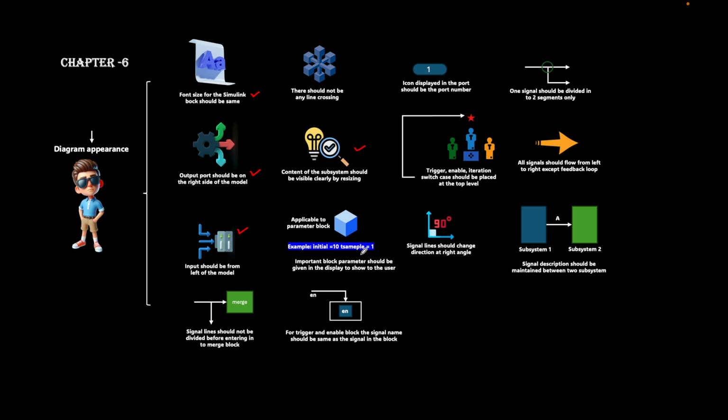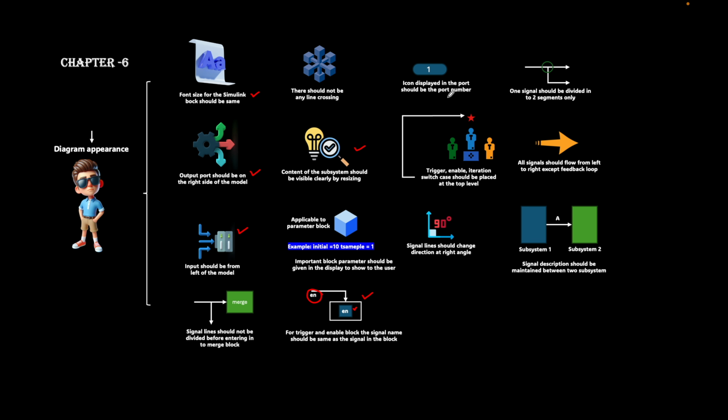Next is applicable to the parameter. The example could be the initial time, or at the initial stage what the value of the parameter should be and what the sample time for the parameter is, so at what value or at what time interval it should get updated. Next is for enabled and triggered subsystems. For these, the signal names should be the same. Whatever signal name you mention here, it should be the same if you have an enable block inside this particular subsystem.